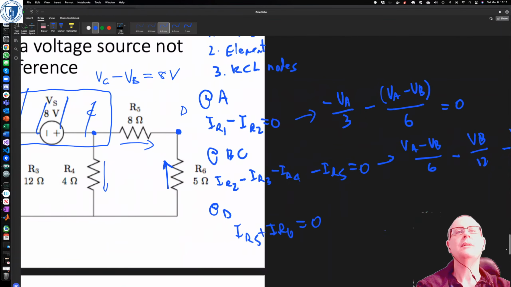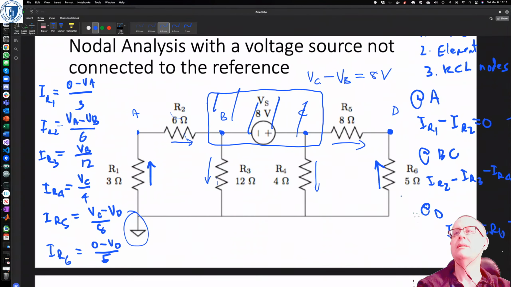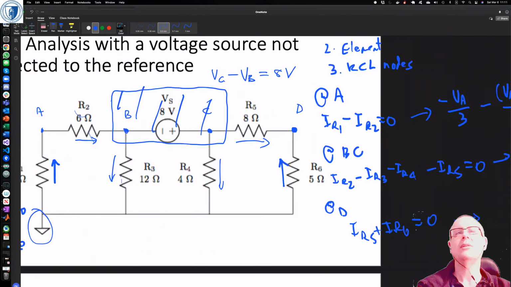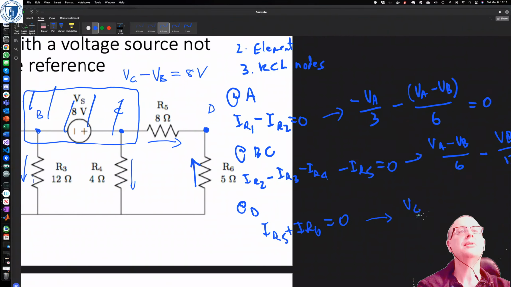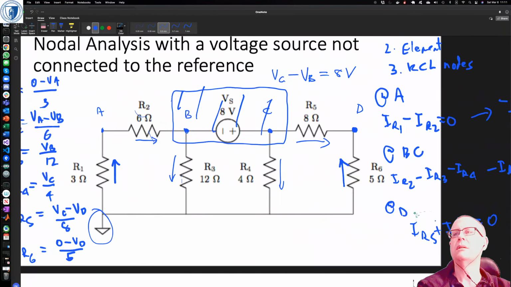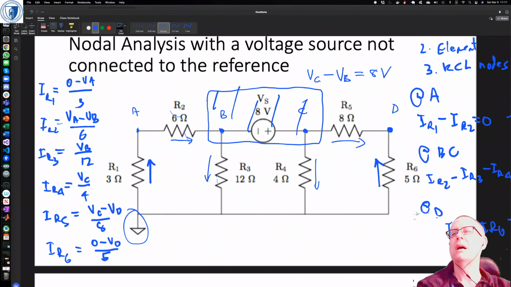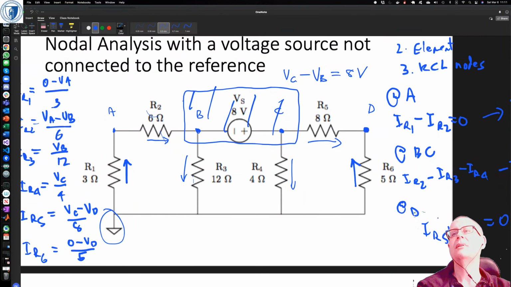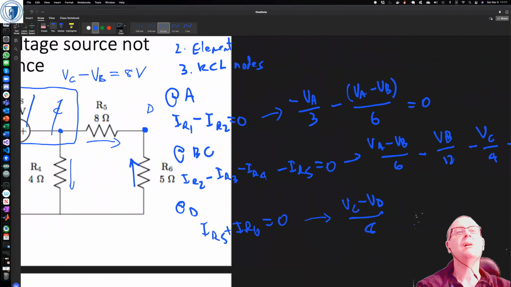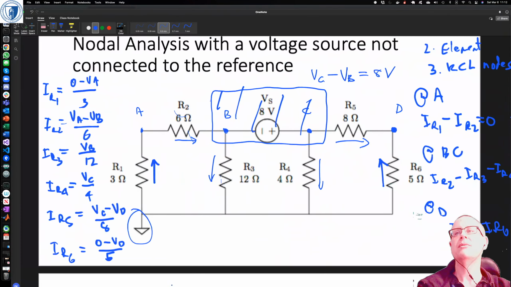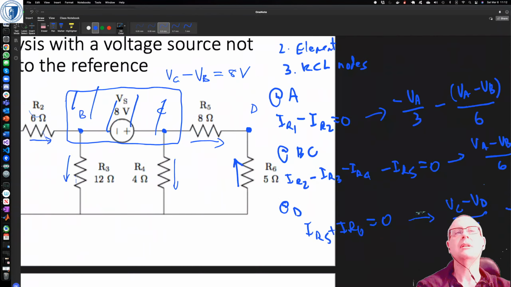And then the last one, we get IR5 plus IR6, so it's VC minus VD on 8 plus, but it's going to be minus VD on 5, because the expression for IR6 is effectively negative.